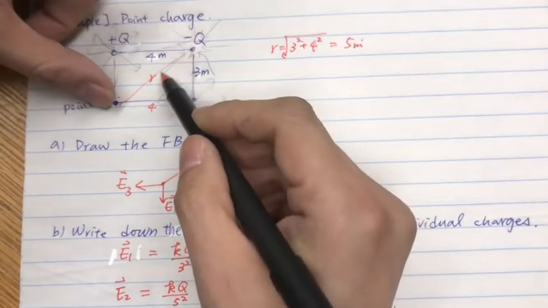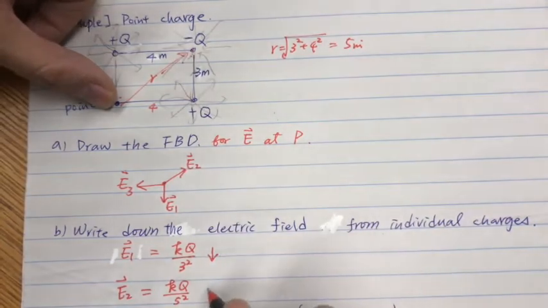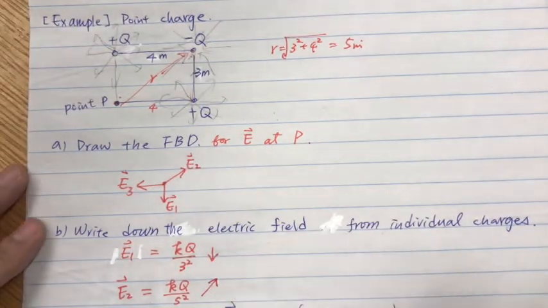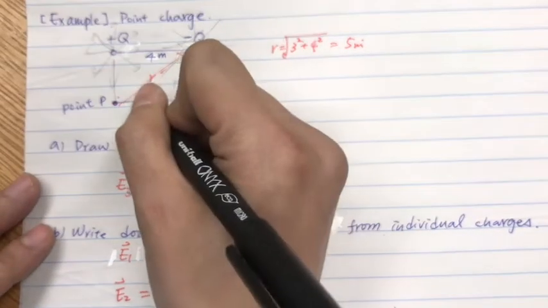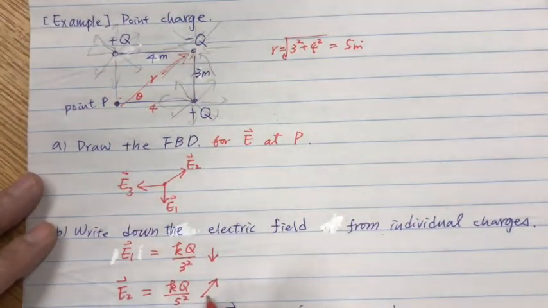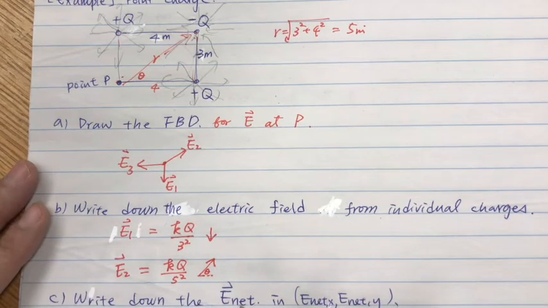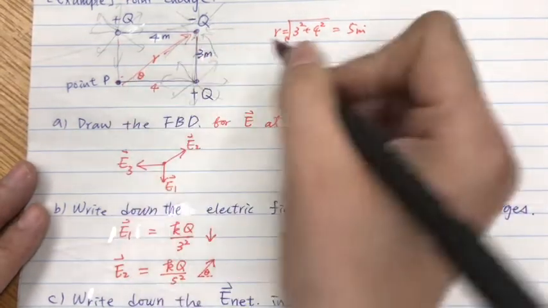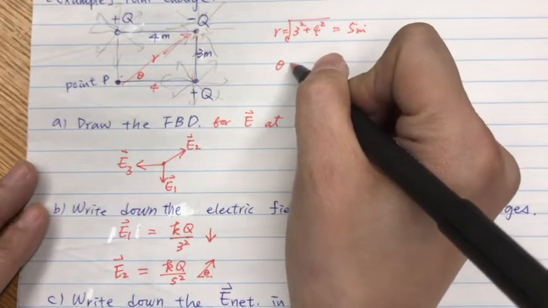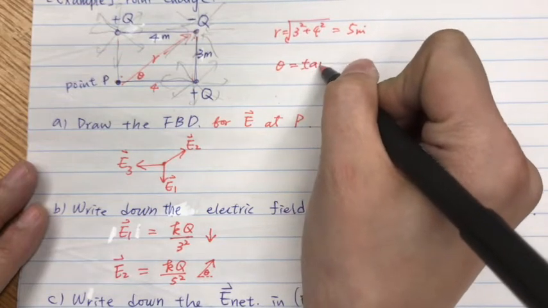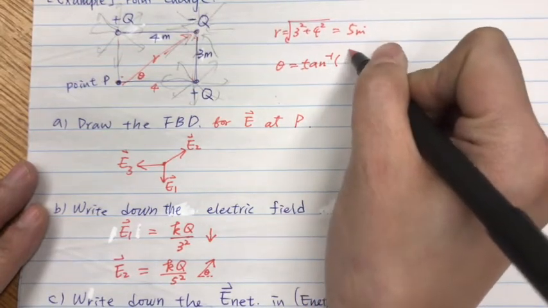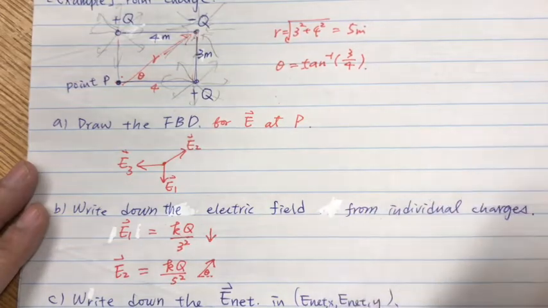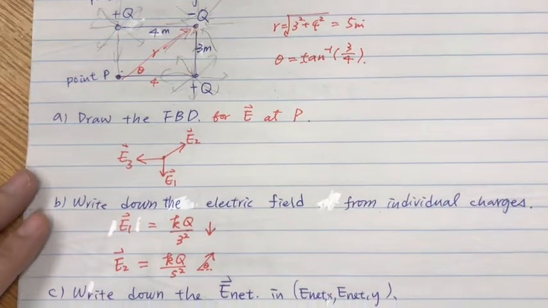And what's the direction? Let's see. Point inward, with the angle theta. And this theta, let me try to define it here. This theta is arctangent 3/4. Okay.